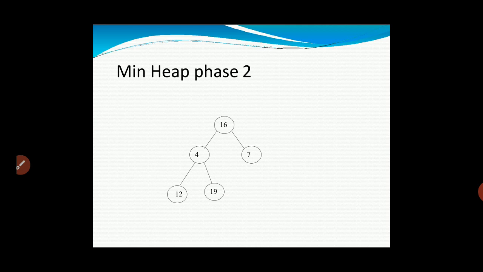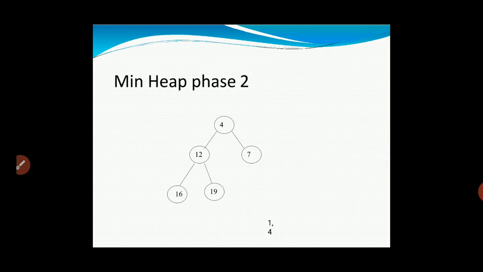One is there, and for the next step you have to see: 16 goes up there. After the second position we have to heapify, and after heapify, it goes to the lower position. So next, 4 is upper, and 16 is greater than 12, so heapify again: 16 goes to the place of 12, and 12 goes to the place of 16.